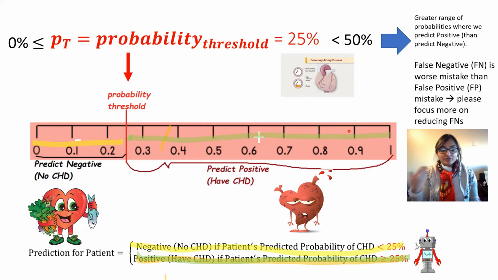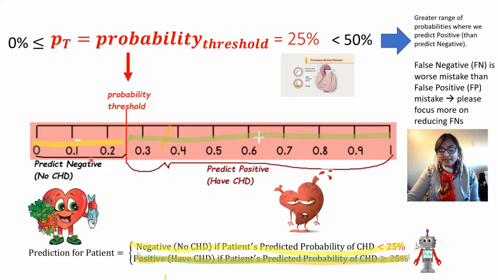So we are increasing the chances of predicting positive rather than negative. Because the threshold probability is 25%, there's more possibility of us predicting positive for individuals rather than negative. And that's because predicting positive, even if we do that, it's not as bad as falsely predicting negative.